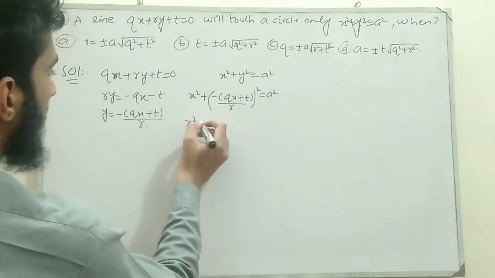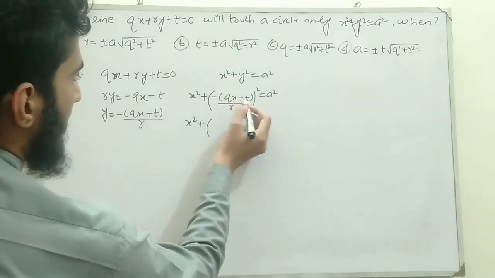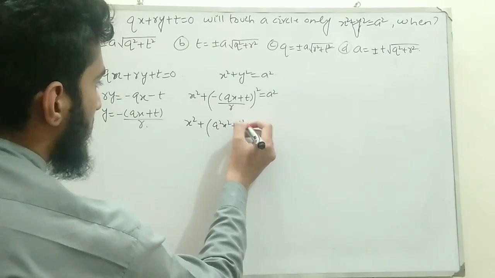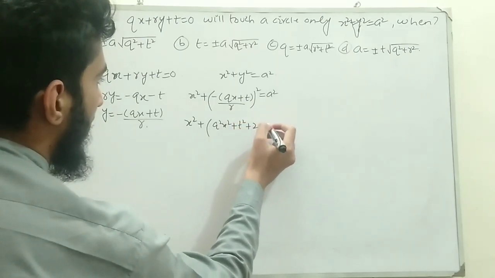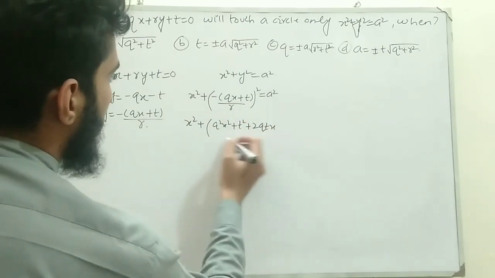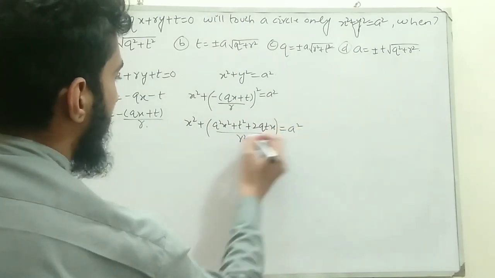After this, it becomes x² plus, here minus squared will give us a plus, so it becomes (a plus b) whole square: a² plus b² plus 2 times a and b, that is 2qx and t, divided by r² is equal to a².